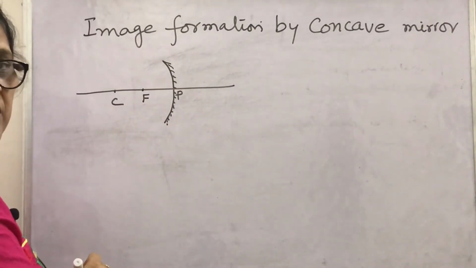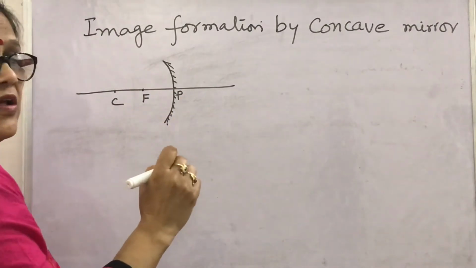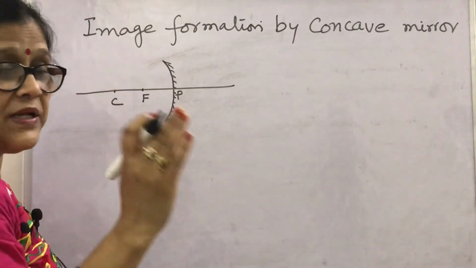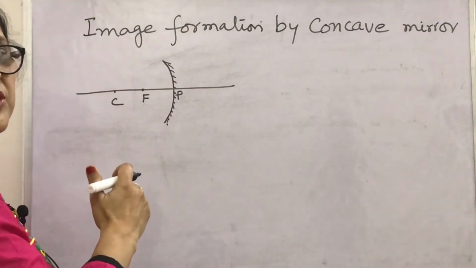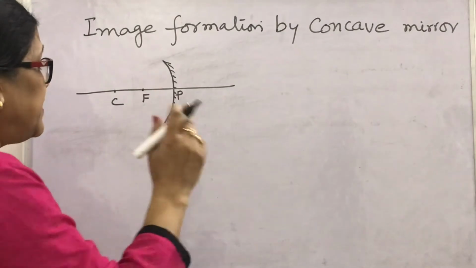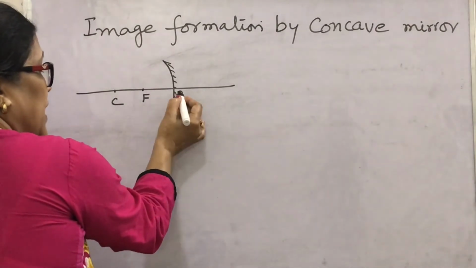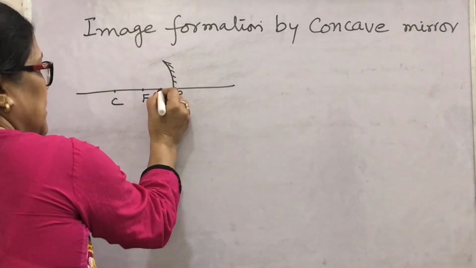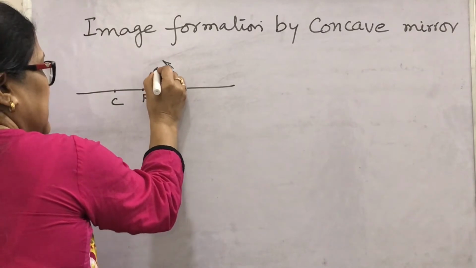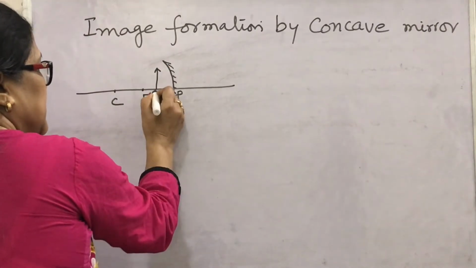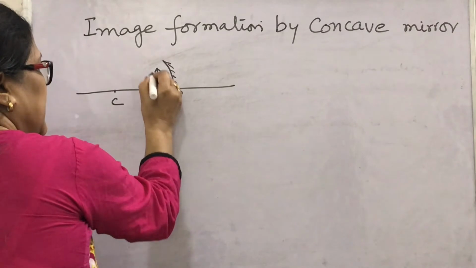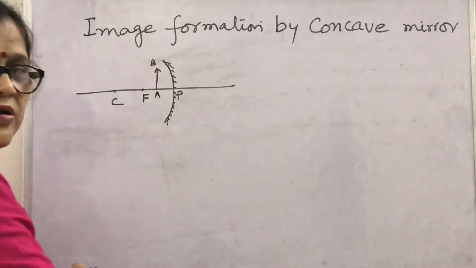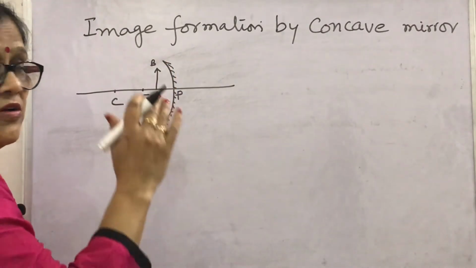First thing, if the object is placed very near to the mirror, that means where? Within pole and focus. So, if you place the object here, you write here A, B. What are the rules?